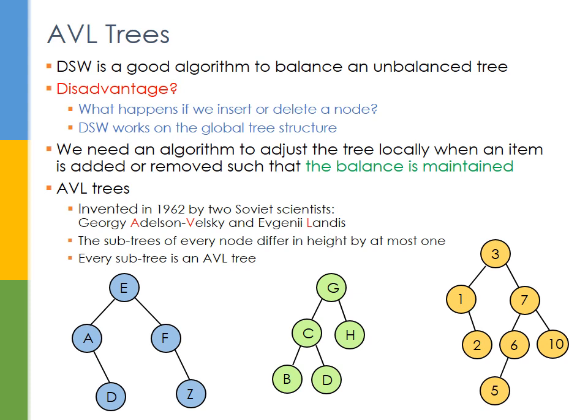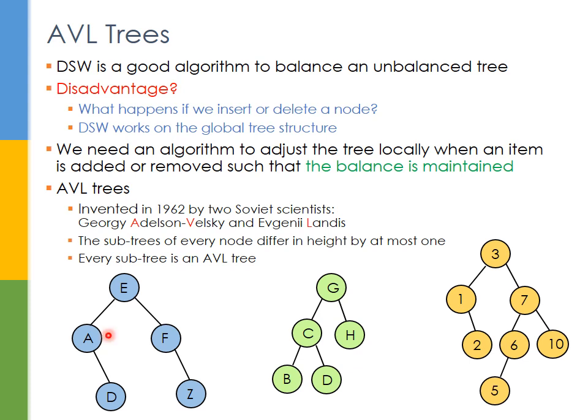So let's look at three examples of trees over here. If we look at the leftmost tree and we consider initially the root node, then we see that there is a difference in height between the two branches of 0 because the right branch and the left branch both have a height of 2.